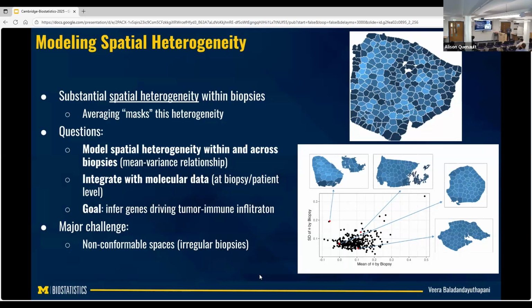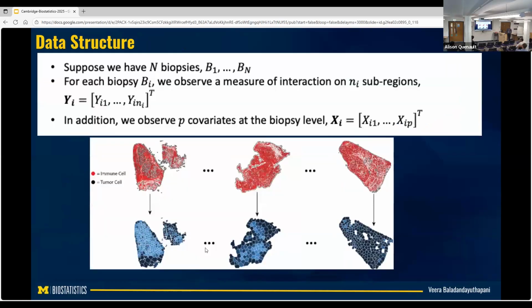That's the regression problem here. As I mentioned, these are non-conformable spaces. So we have the original image, we have the cell type interaction probabilities, or the interaction parameter, and on each of them we have a gene expression vector. What is explaining this?